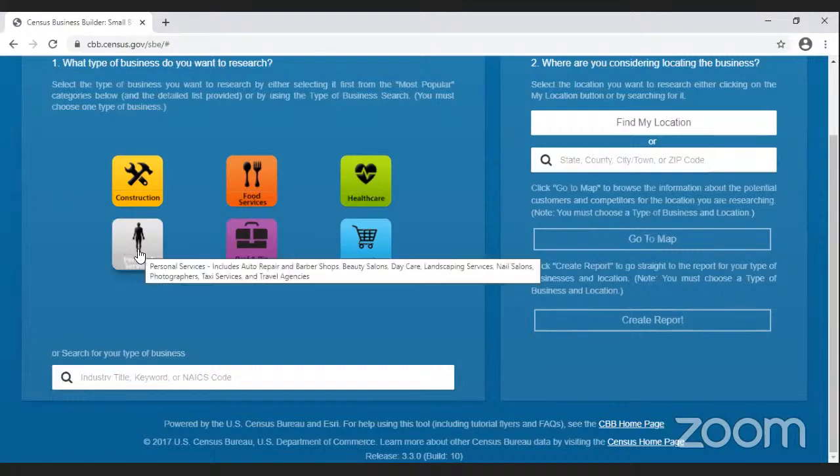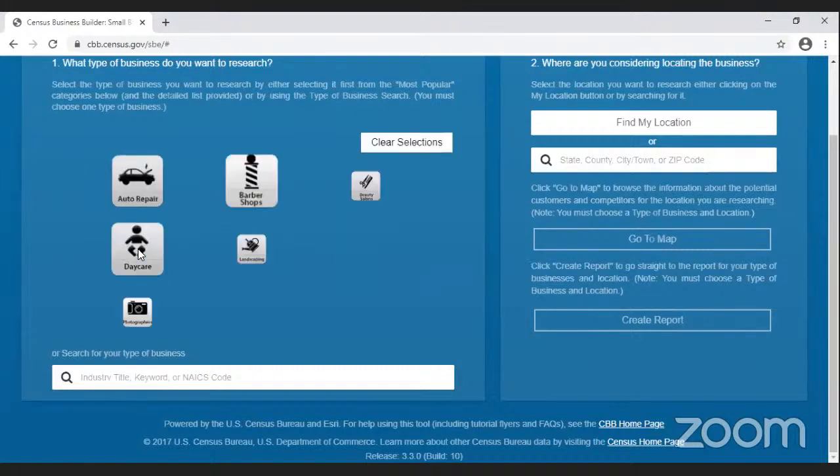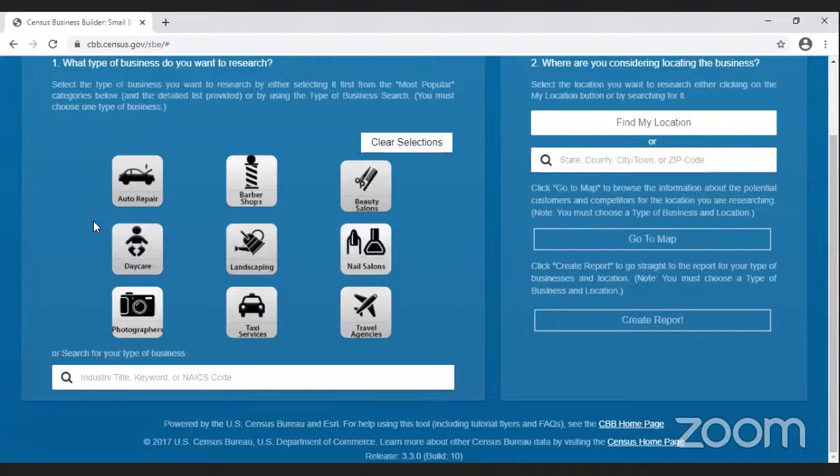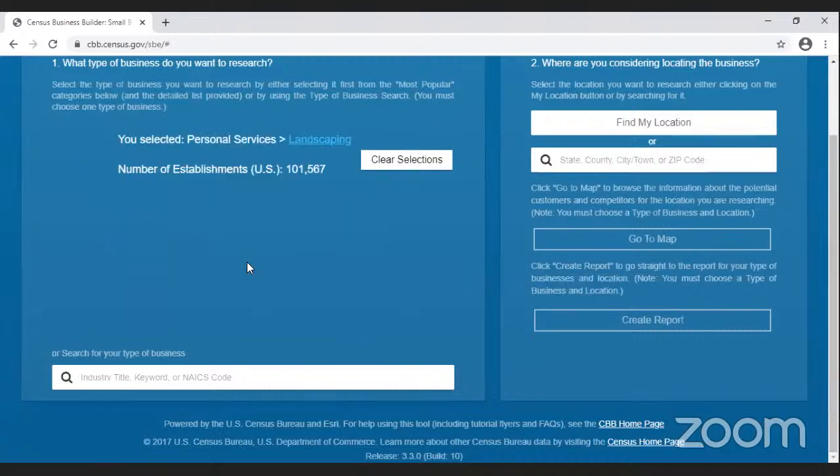But for my purposes, I'm going to stay with landscaping, and I know it's under there, so I'm going to click on landscaping. Right away, you see some data. You see that there's 101,567 landscaping businesses in the United States.